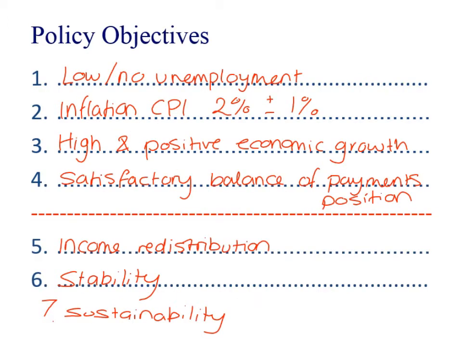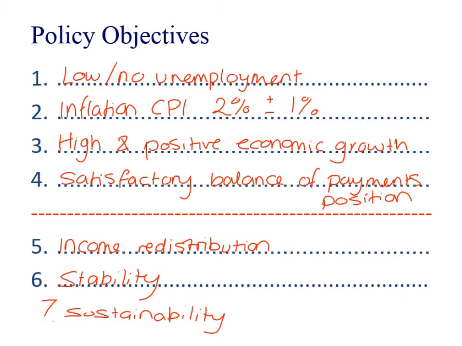So what does the government want to achieve? The top four policy objectives are low or no unemployment. We would say low unemployment, we don't necessarily aim for no unemployment. Inflation, which we measure through CPI, at 2% plus or minus 1%, or between 1 and 3%. We want high and positive economic growth. We want a satisfactory balance of payments position.